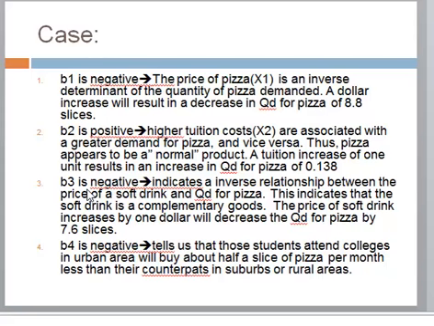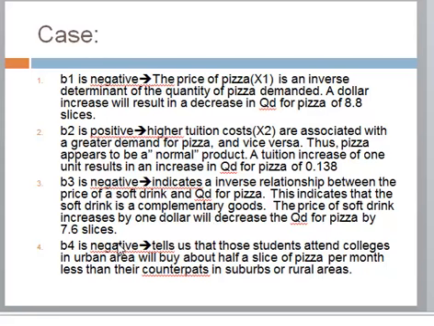B3 is minus 0.076. It's negative, indicating an inverse relationship between the price of soft drinks and quantity demanded for pizza. This indicates that soft drinks are a complementary good. If the price of soft drinks increases by $1, the demand for pizza will decrease by 7.66 slices.